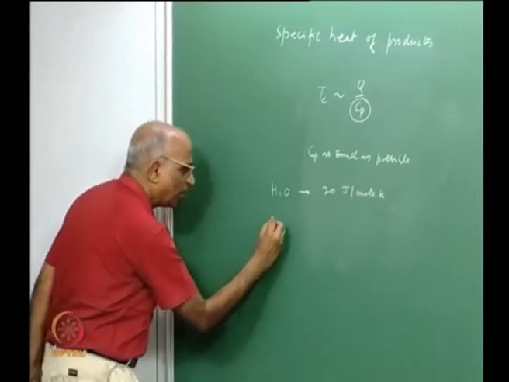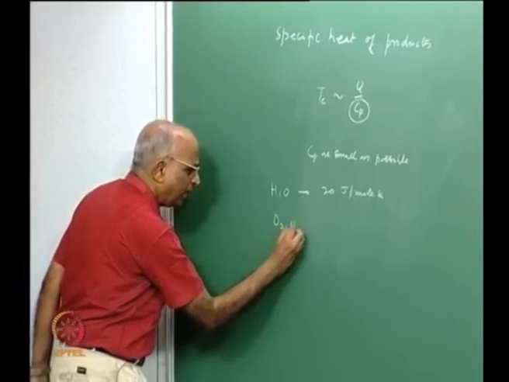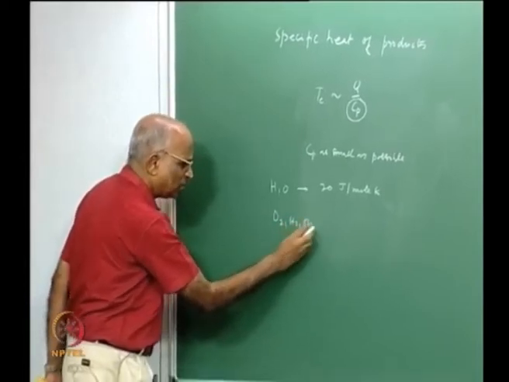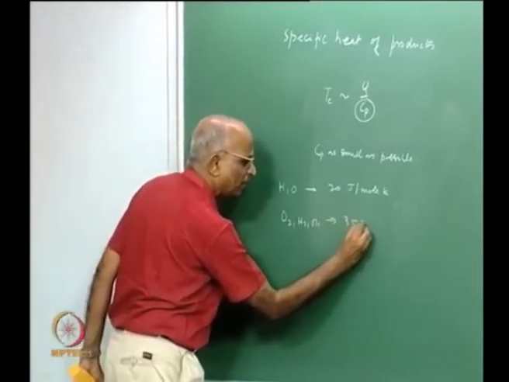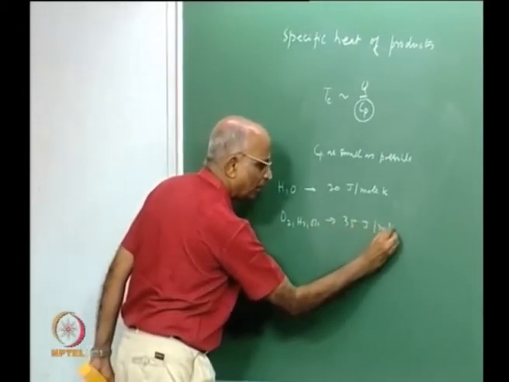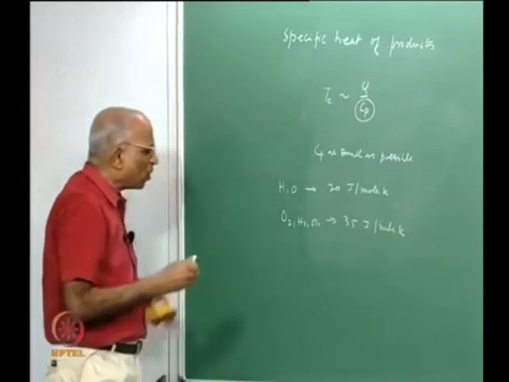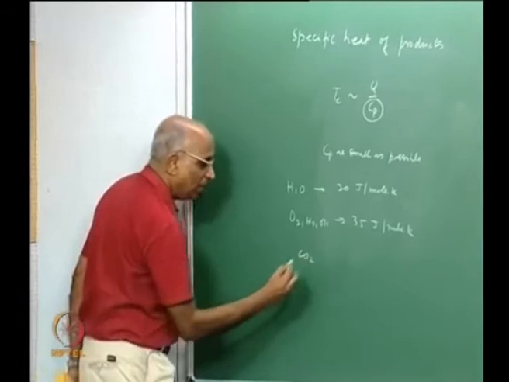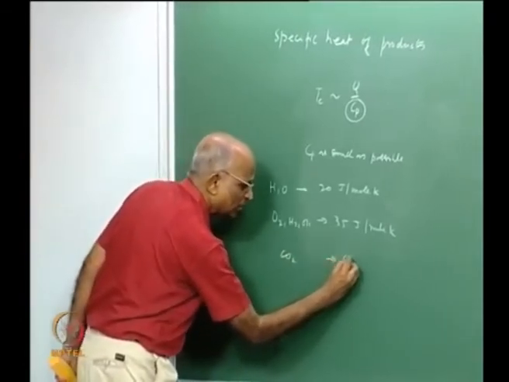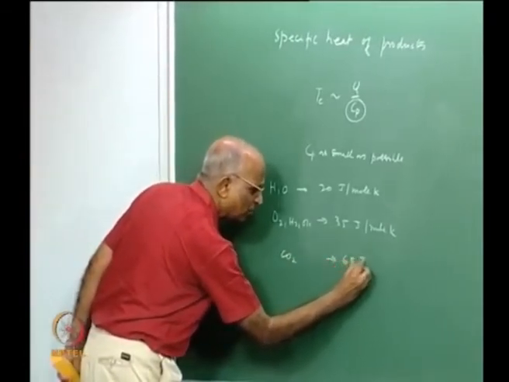If I have diatomic molecules like O2, hydrogen or OH, that is two of them together, it increases to something like 35 joule per mole Kelvin. If I have still more complicated things like CO2, 3 of them together, it increases to almost like 62 or 63, let us say 65 joule per mole Kelvin.